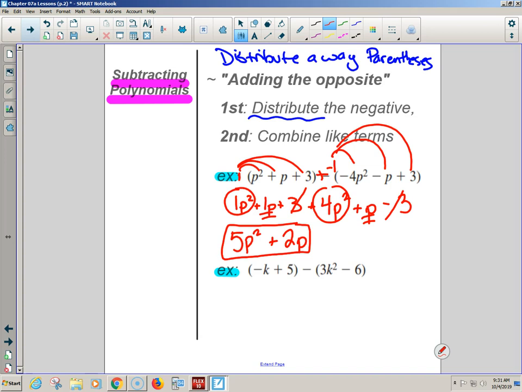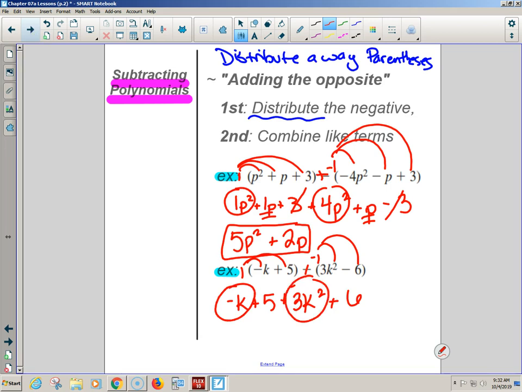So how are we going to get rid of the parentheses on this guy? Distributing the positive 1, right? Which keeps the signs the same. But what's going to happen over here? What's going to happen to the signs of each of these guys? It's going to change. It's going to flip. And we just have to be really careful when we go ahead and combine. Oh, wait a minute. We can't combine those two. Be careful.